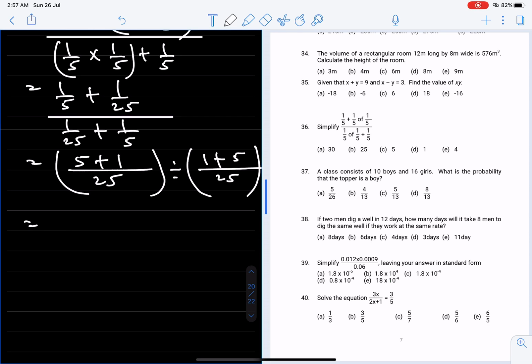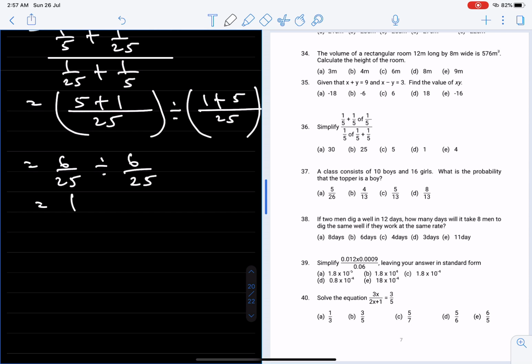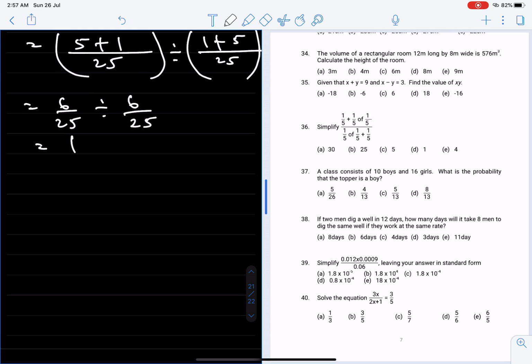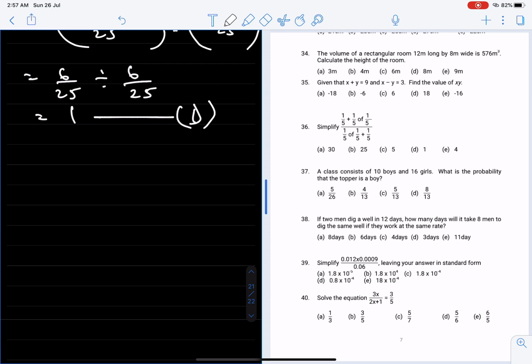That simply means 6 over 25 divided by 6 over 25, which is of course 1. Anything divided by itself is 1. The answer is D. That looked a bit tricky but was simple. We just needed to be very careful.